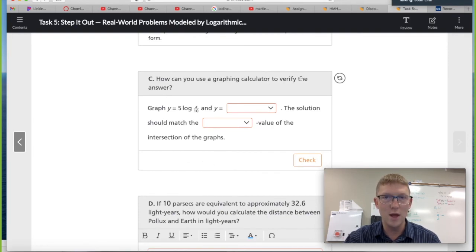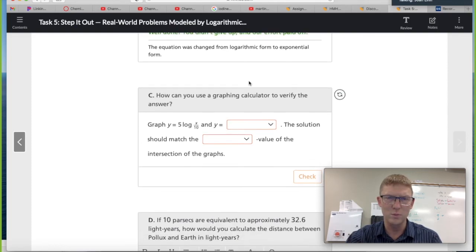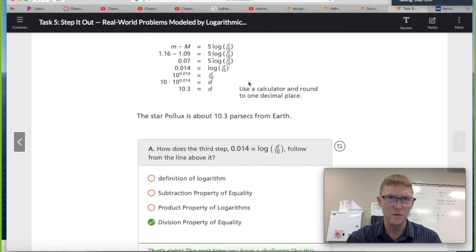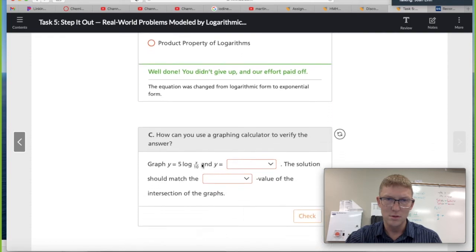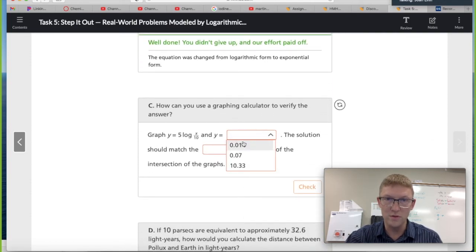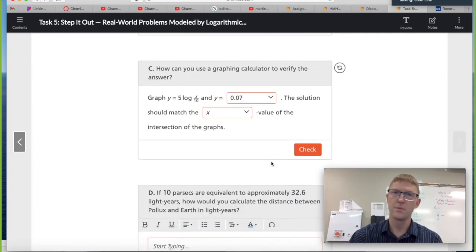How can you use a graphing calculator to verify the answer? Graph y equals that, and y equals 0.07. And the solution should match the x value.